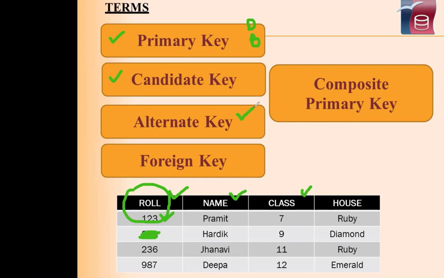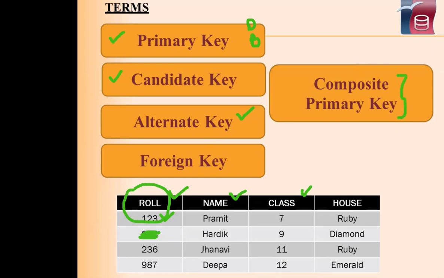So the alternate keys are those candidate keys which could not become the primary key. There is going to be only one primary key in one table. You cannot have 2 primary keys in one table. There is always only one primary key in one table. Then we have something called a composite primary key.